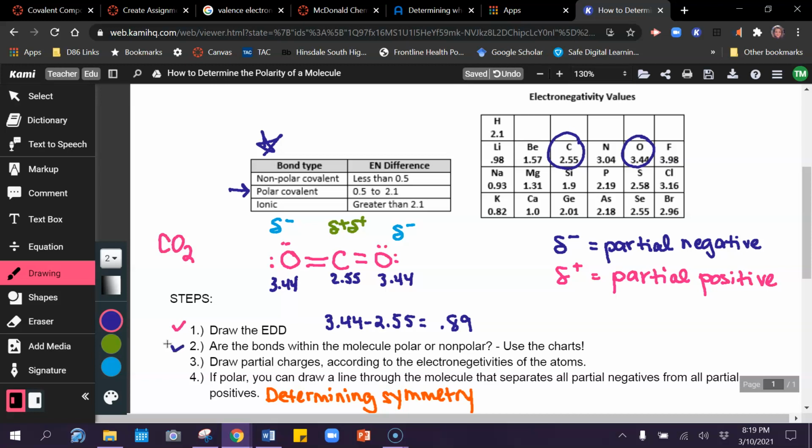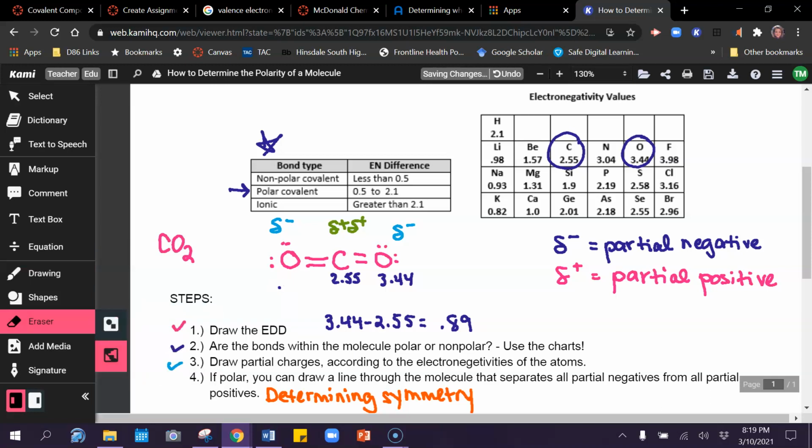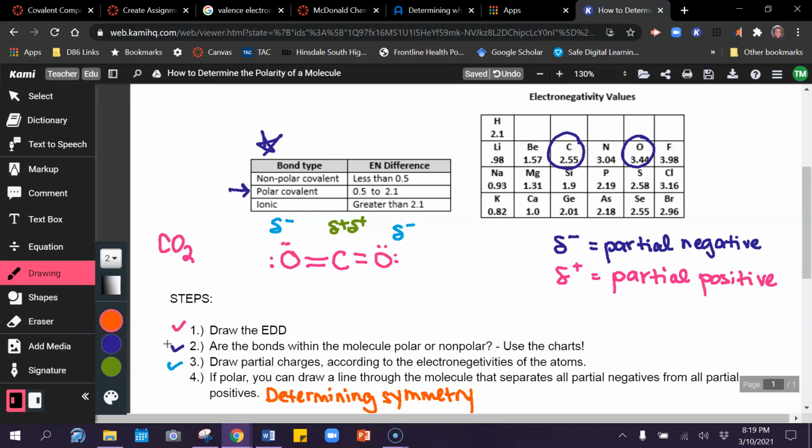I've already determined if the bonds within the molecule are polar or not. I drew my partial charges, and now what I need to determine is whether or not I can draw a line that separates all of the positives from all of the negatives. Well, let's draw a vertical line because that's what I did in one of the other examples.